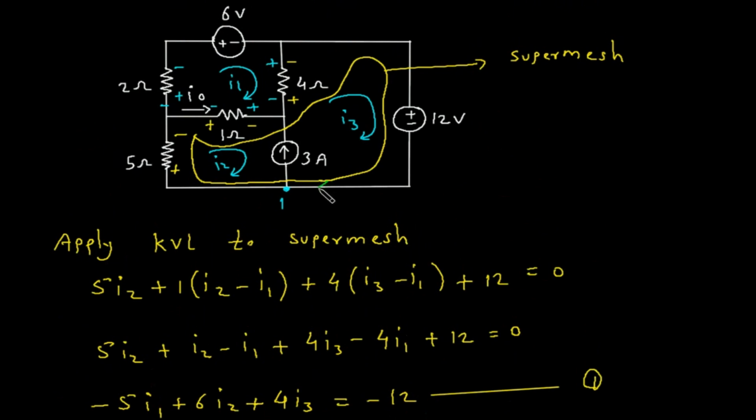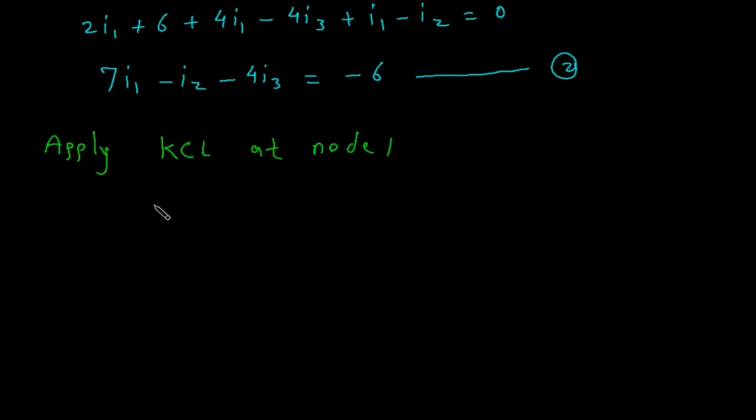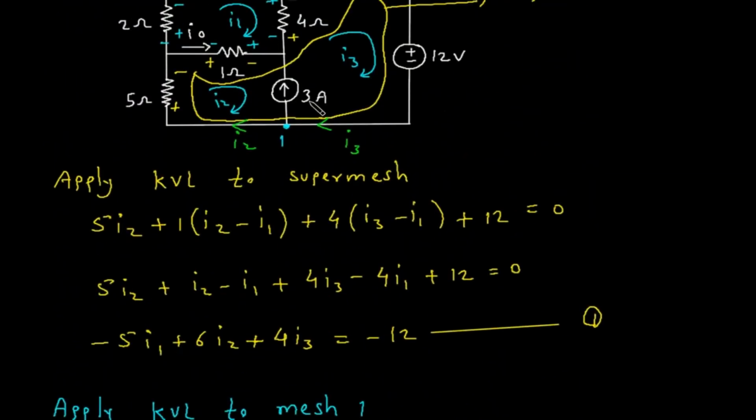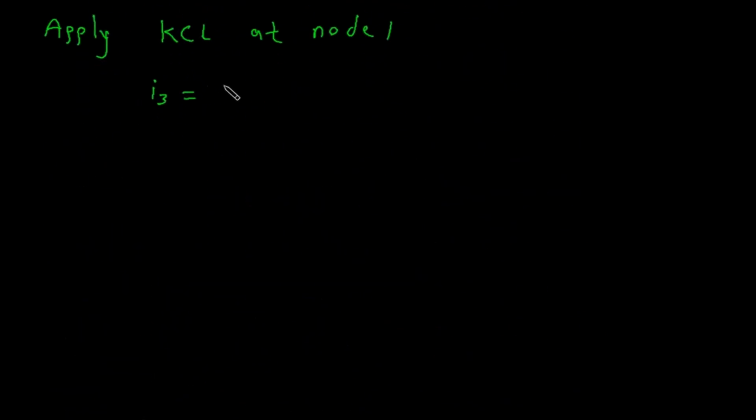So, this current will be I3 and this current will be I2 and this current is 3 ampere. So, entering current I3 is equal to 3 plus I2.